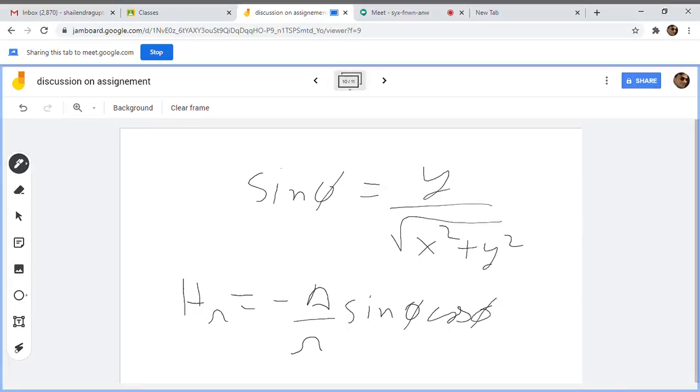You can even reduce this by multiplying with two on the upper side and lower side. So it will give minus a by 2r sine 2 phi. Okay. So this is HR.